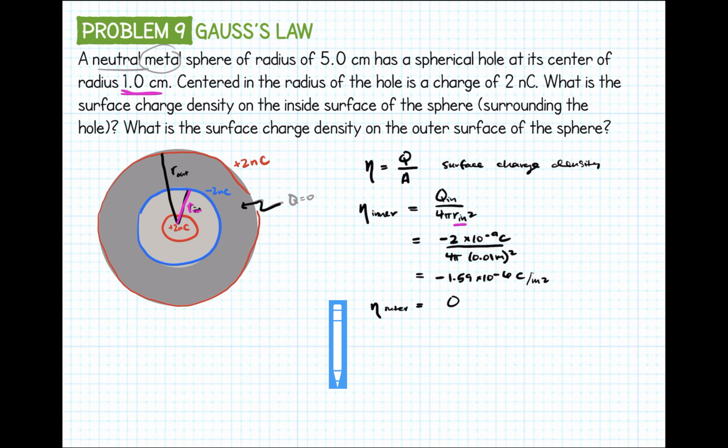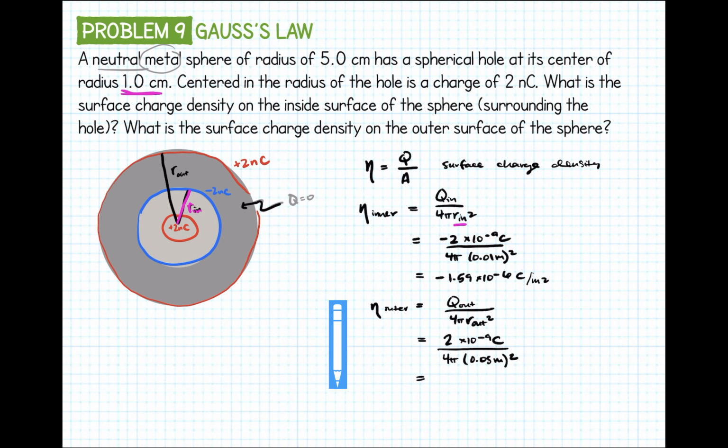Do the same thing, Q out over 4 pi r out squared. That's going to give us +2 times 10 to the -9th coulombs. That's this surface charge. And then we have 4 pi times 0.05 meters squared. So plugging that in, you should get something smaller.